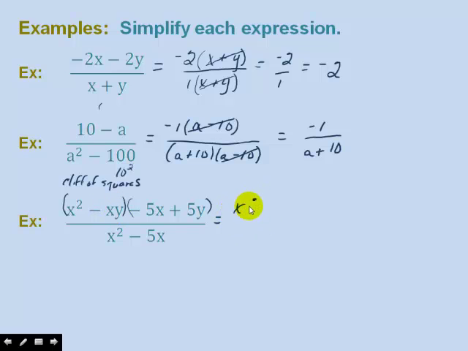So if we factor that out, then we have x times the quantity x minus y. And if we look at our second 2 terms, they both have a 5. So let's start out by factoring out a 5 and see what happens. So if we factor a 5 out of here, then we have a negative x, because that was a negative 5x, and a plus y.